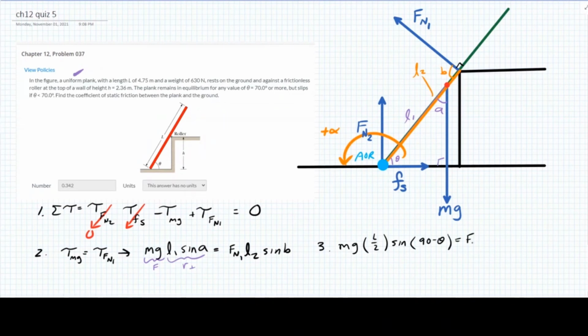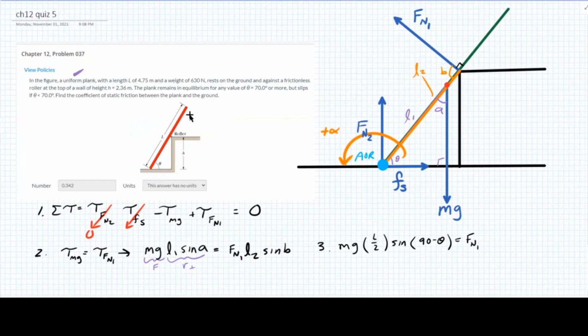Equals Fn1 times, let's do a little sidebar here. Fn1 is right here, so I need to figure out what this dimension is. It's H. So here's my triangle. There, there, and there.